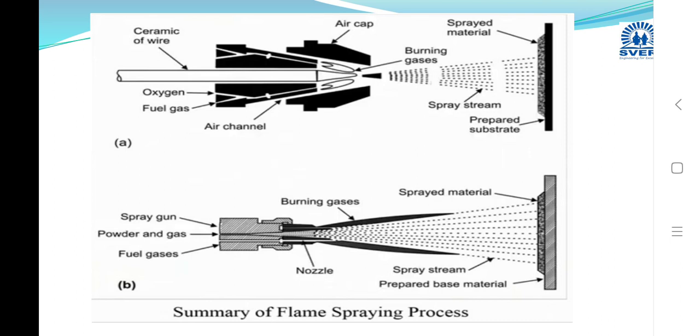Subsequently the molten metal is broken into small droplets with the help of the high velocity air, or maybe argon, or maybe nitrogen, whichever gas you use, and it is propelled at high speed. It will impinge on, or coat, the surface of the substrate.